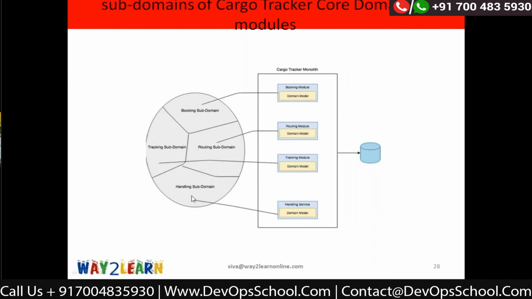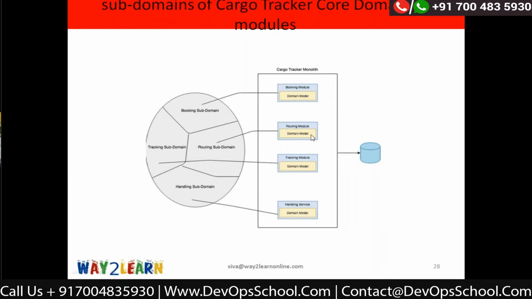So at this point of time, let's say you don't know whether you want to go with microservices or not. Better to still follow the DDD approach. You can create one single bounded context with each subdomain as a module, and each subdomain will have its own domain modeling.